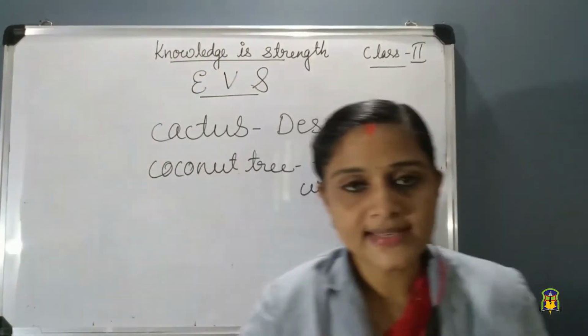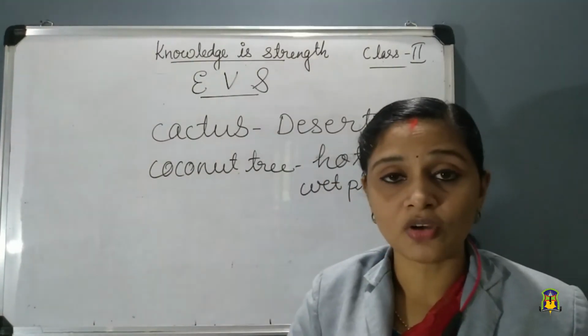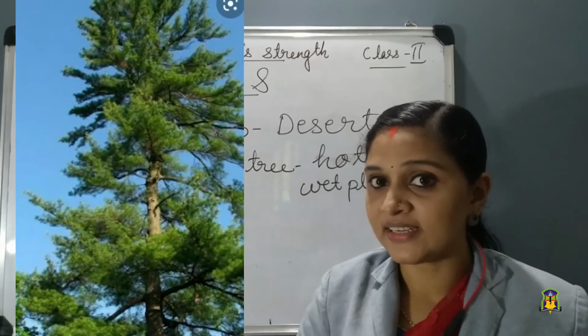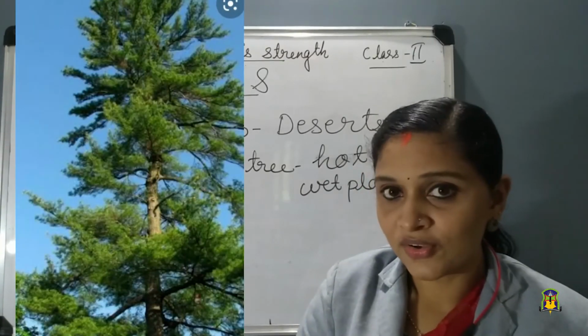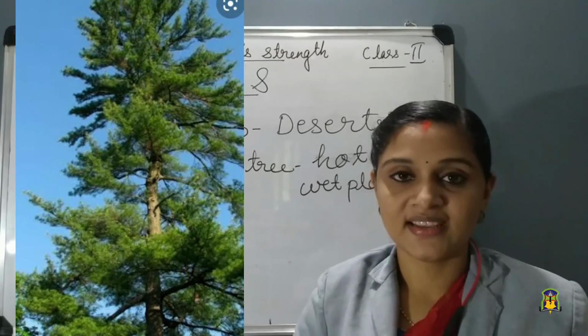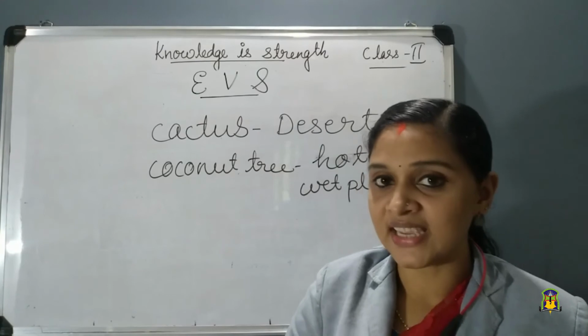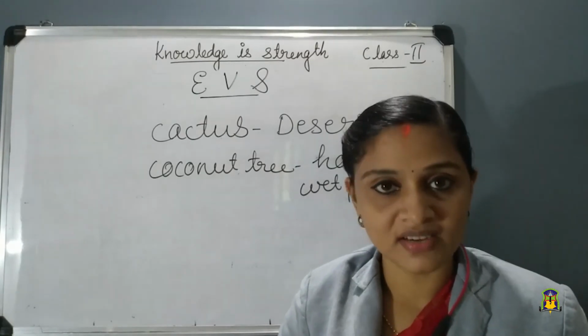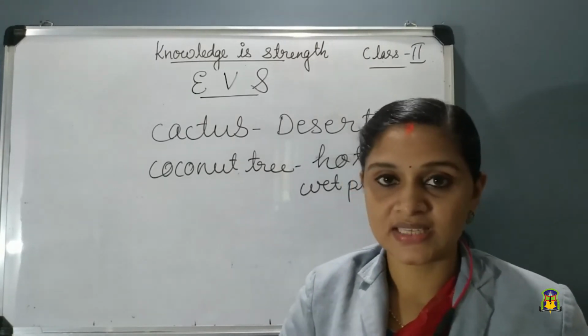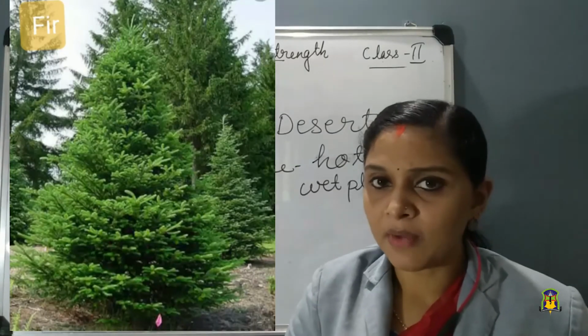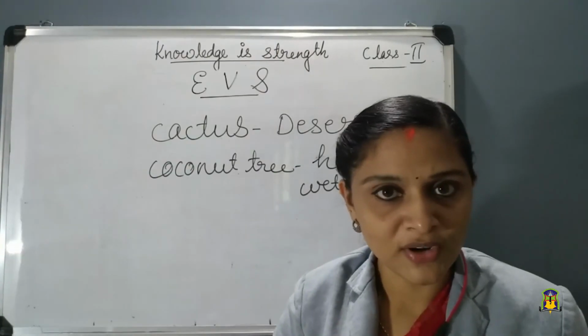Okay. Then next I will show you another picture. Look, all of you. Which plant is it? Do you know? It's a pine tree. And where can we see this pine tree? Do you know? We can see these pine and fir trees in mountains. Okay. What do you mean by mountains? Do you know? Mountain?